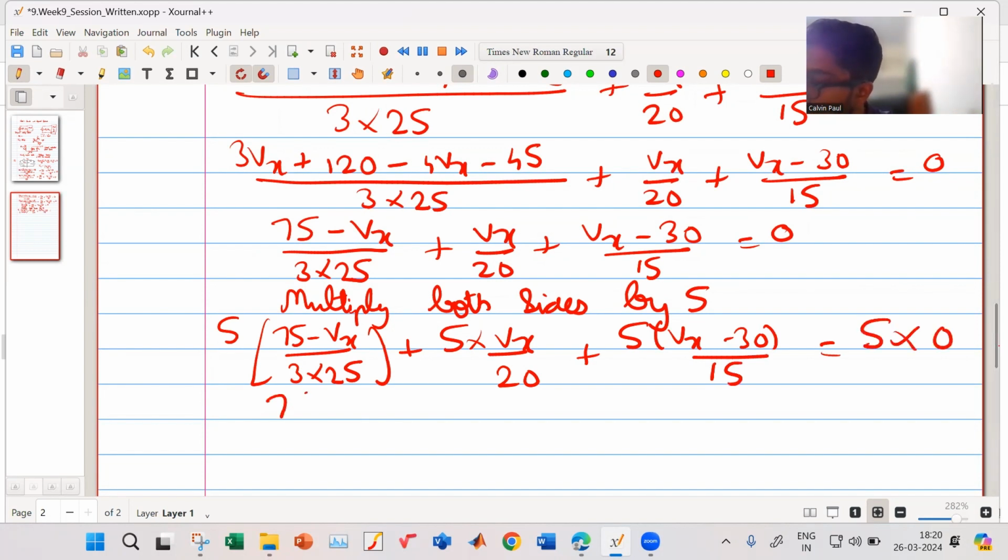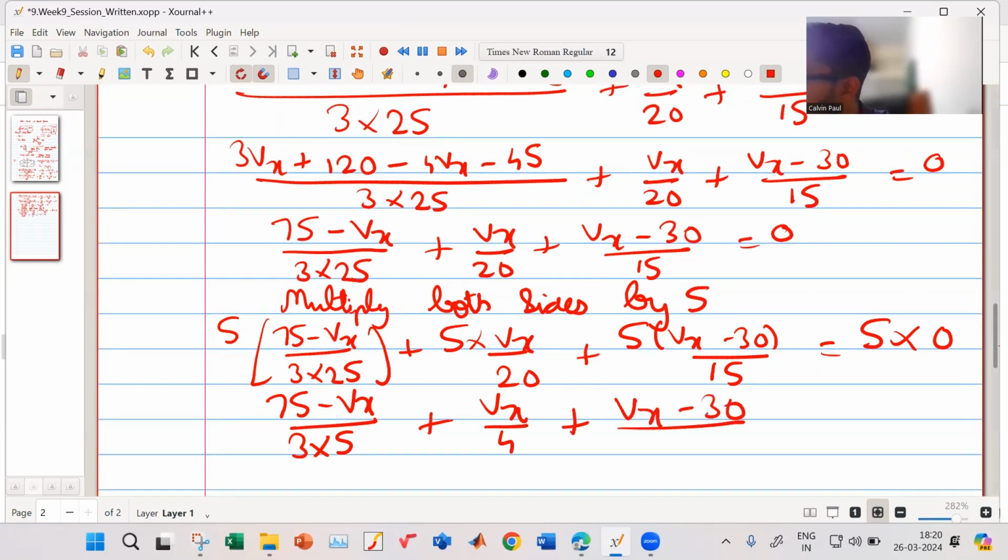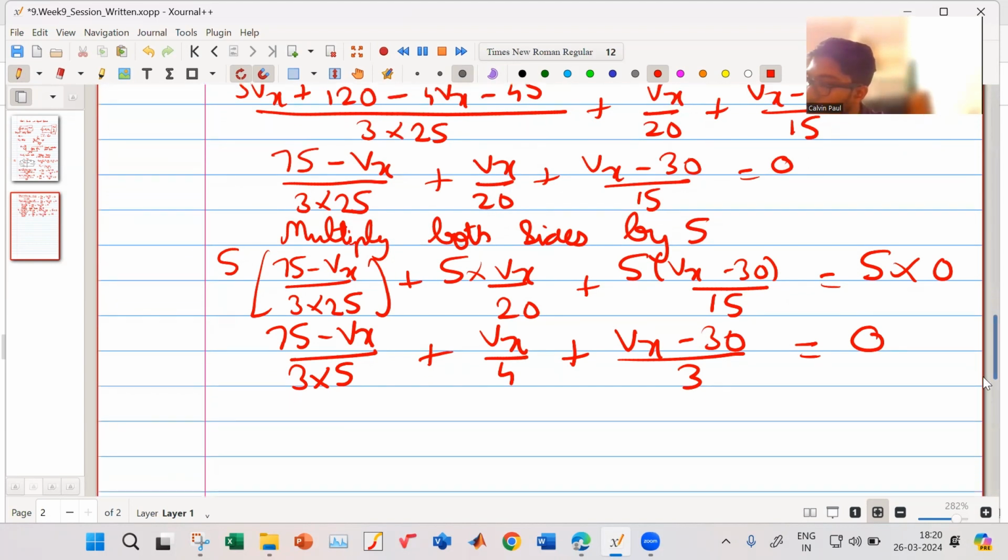So this becomes 75 minus Vx, and 25 is actually 5 into 5, so this becomes 3 into 5, plus Vx upon 20 divided by 5 is 4, so Vx upon 4, plus Vx minus 30 upon 3, equal to 0. Till here everything is clear? Yes, sir.